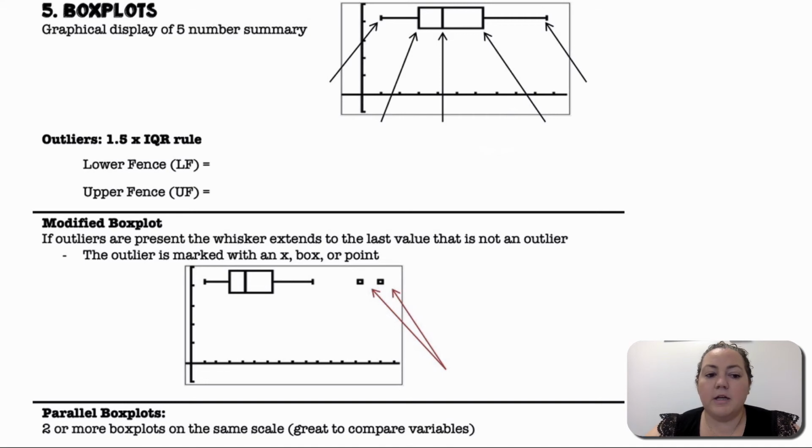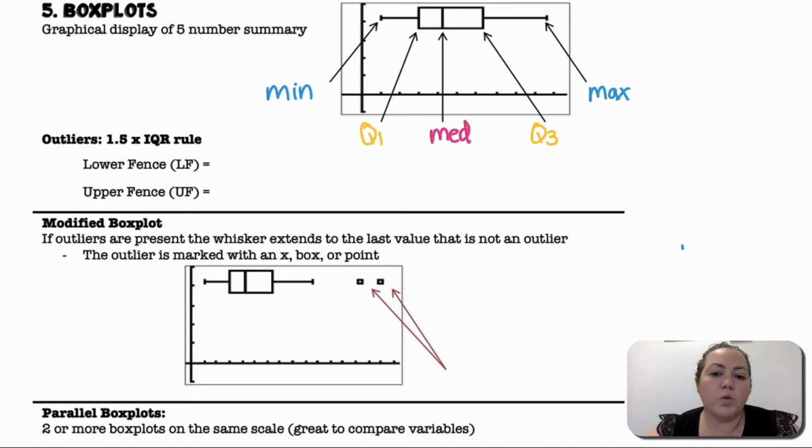All right, box plots are a graphical display of the 5-number summary. So it's the minimum, quartile 1, median, quartile 3, and the maximum. Then we can check for outliers. If you make a box plot using your calculator, you can have it automatically point out outliers.